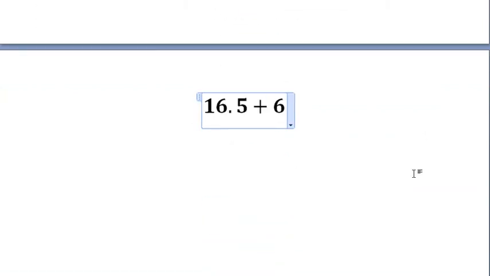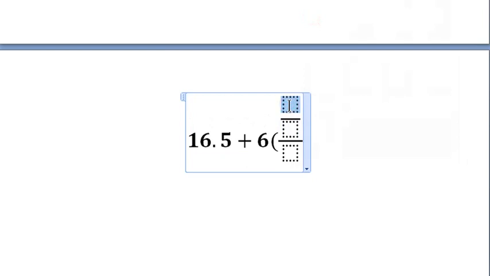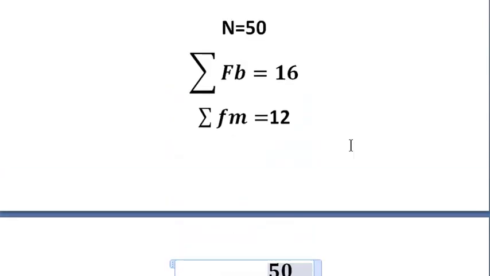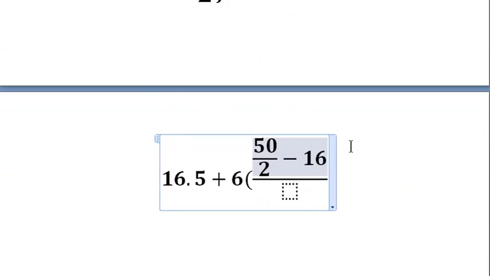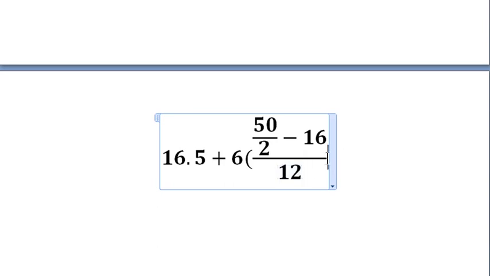The lower limit is equal to 16.5, plus C, the class interval, and our C is 6, then brackets, n over 2, and n is 50 divided by 2, minus sigma fb, which is 16, everything over the frequency of the median class, which is 12. We have 12 here, then we'll close the bracket.